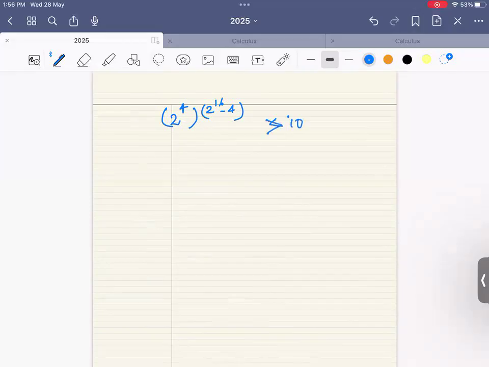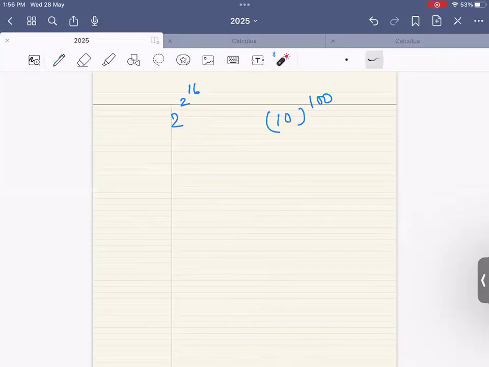And that's easy to show because, well, what I'm going to do is compare 2 to the power 2 to the power 16 to 10 to the power 100. So all I need to do is check a base which is close to 10. So how about 2 to the power 4?